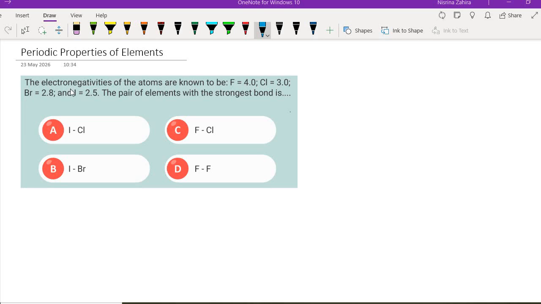Alright, so let's continue to the last questions with the topic of periodic properties of elements. The last property is about electronegativities.